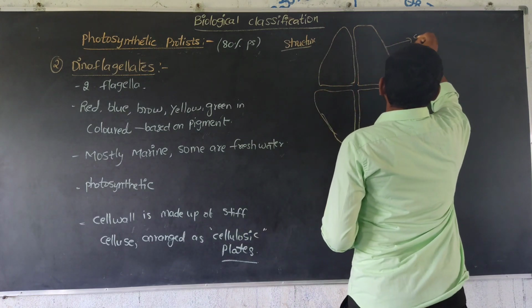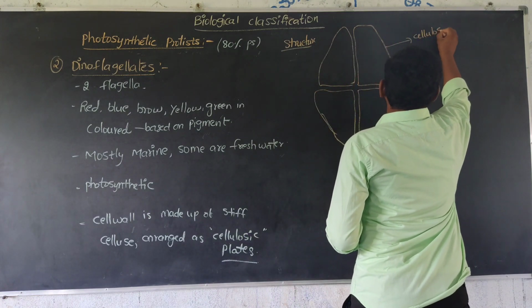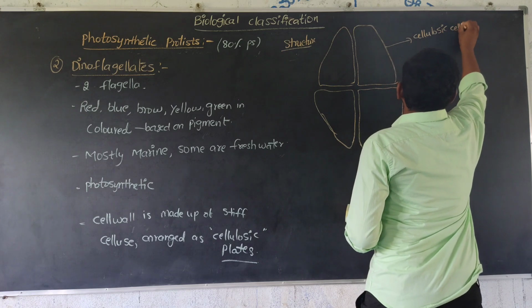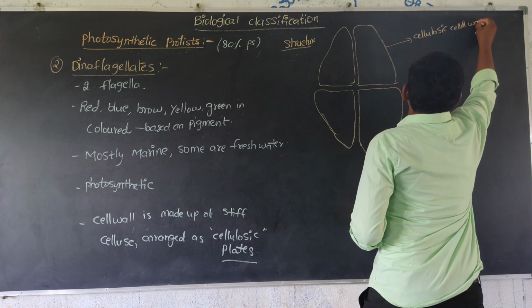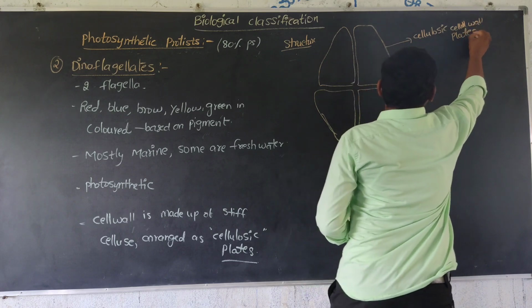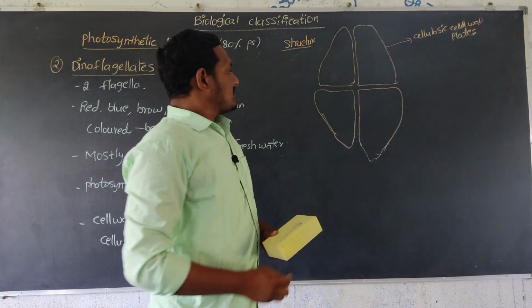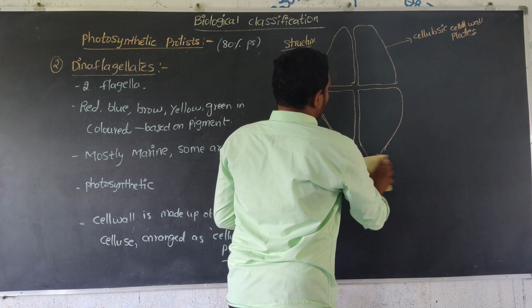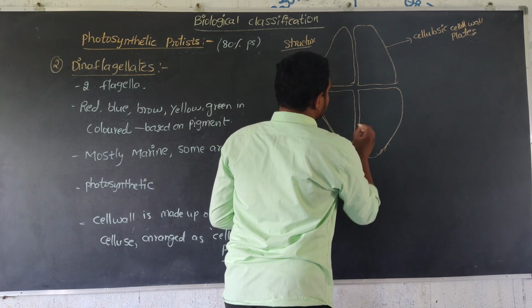These are cellulosic cell wall plates, 4 plates, and space is present between these plates.